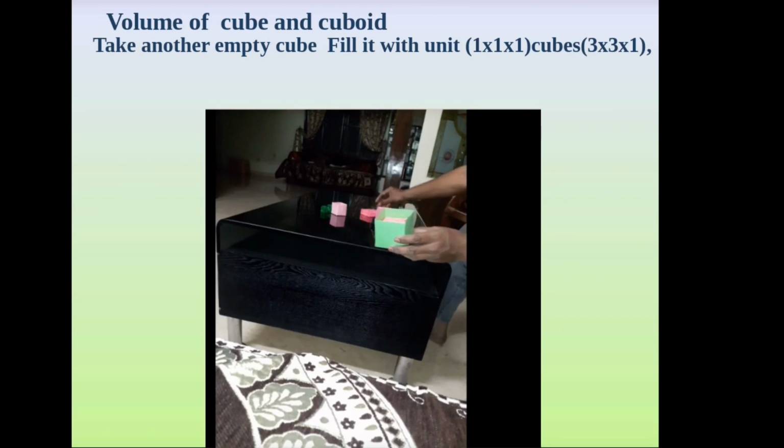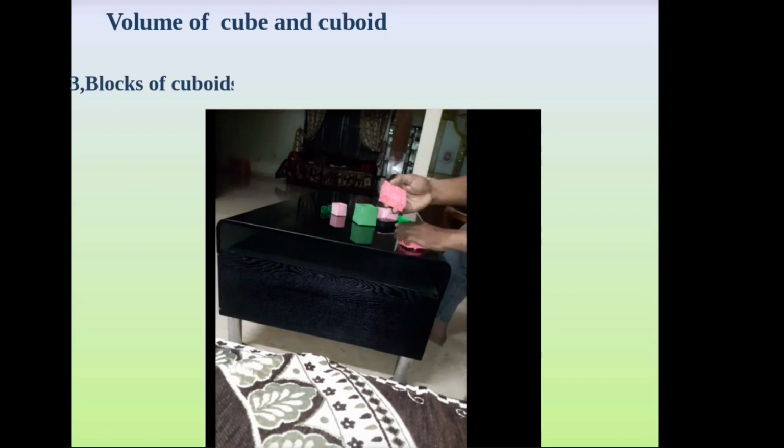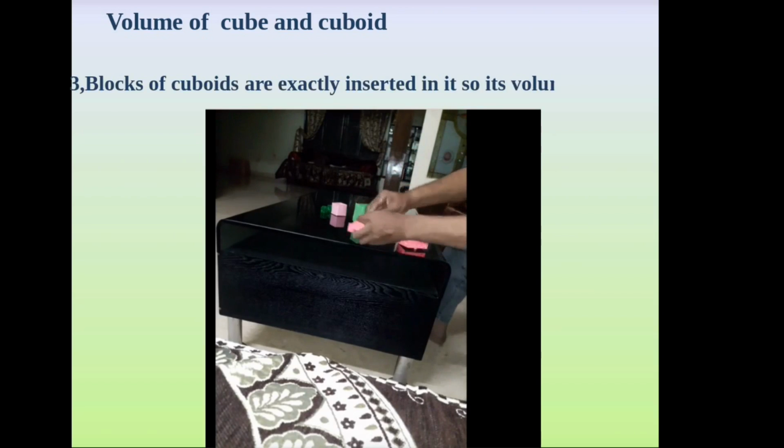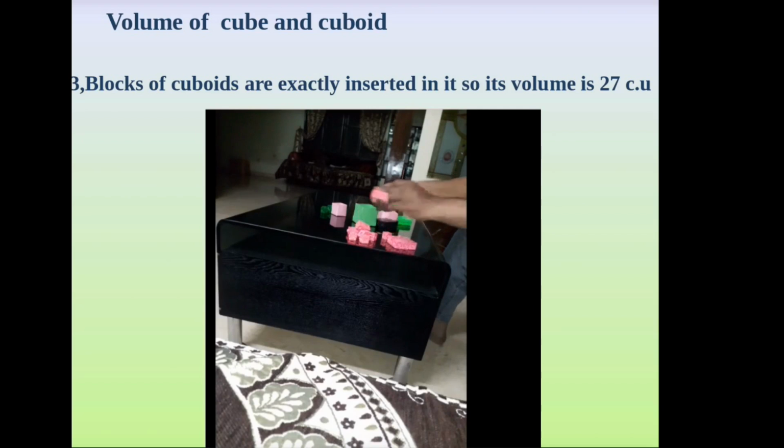One more 3 into 3 into 1 block is exactly fitted. Now remove all of them, detach them and count them. That is the volume of that container. 3 blocks of cuboids are exactly inserted in it. So its volume is 3 into 3 into 3, that is 27 cubic units.